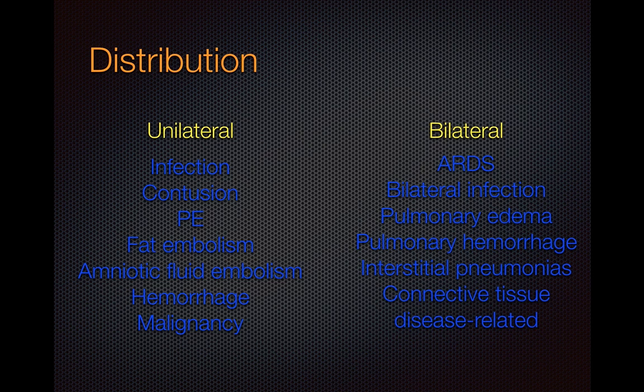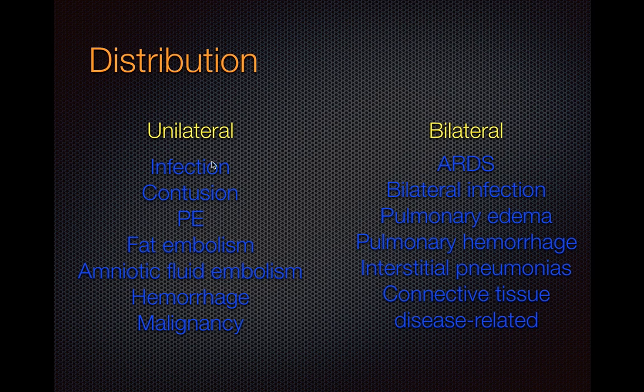Rather than being too prescriptive about an extensive list of differentials, think of them as opacities on chest X-ray. What would your differential be if you have unilateral opacities versus bilateral opacities? Using the same principle, you can decide on an appropriate differential diagnosis for B lines observed on only one side of the lung versus in both lungs.